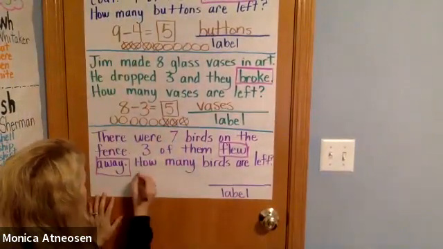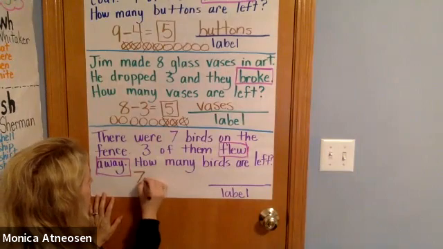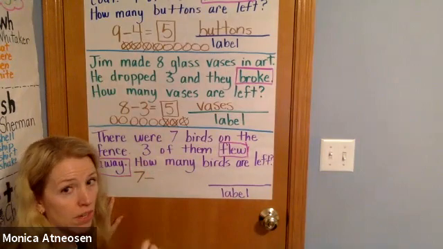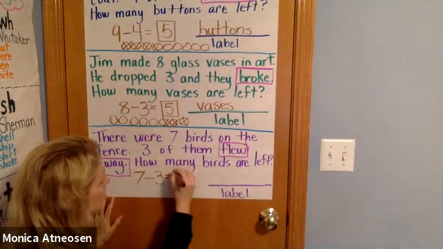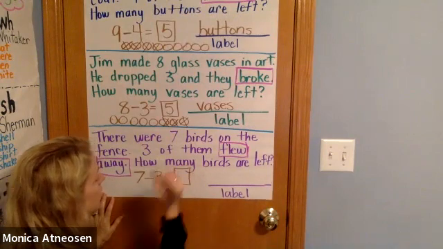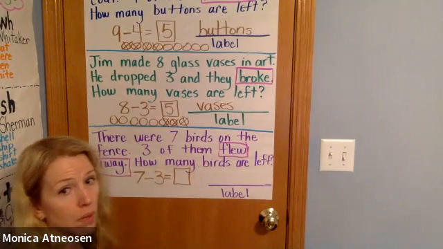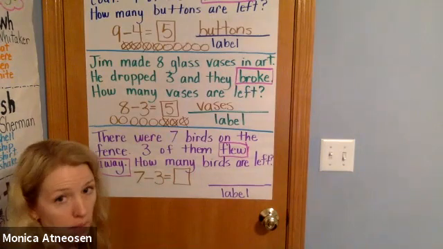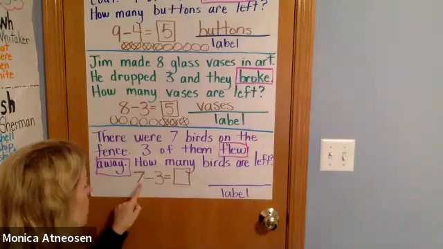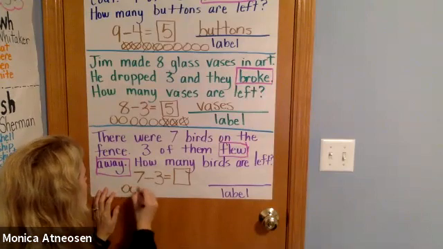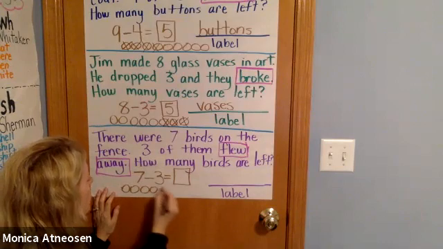7 starts with 7 minus 3 of them. Bye-bye, they flew away, equals what we want to know, what we want to find out. Step number 2 is also to draw our circles. So I draw 7, all next to each other.